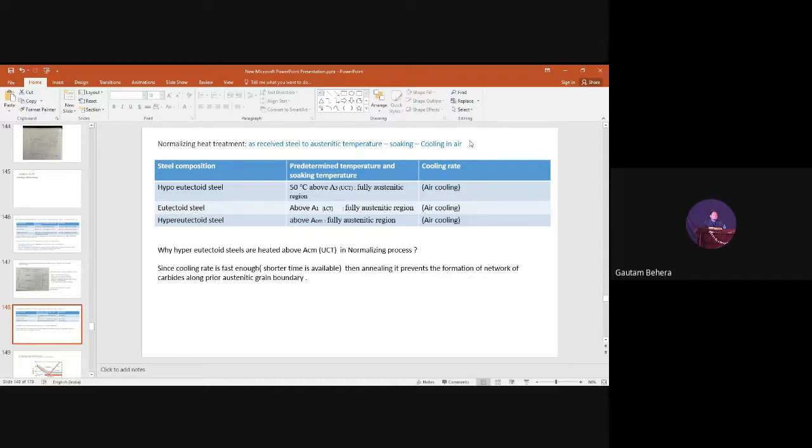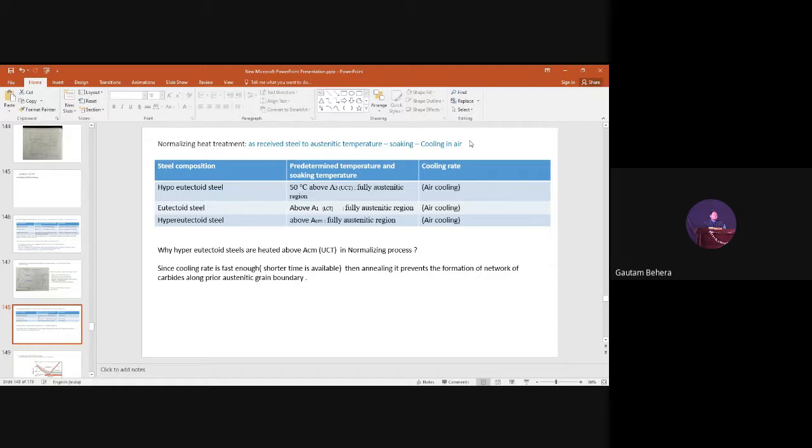That means we have a steel sample, we insert it into the furnace, right? Then we switch on the furnace. The furnace takes the steel to the austenitizing temperature. Then after reaching it, we hold the sample for a particular duration that depends upon the thickness of the material or alloy composition.